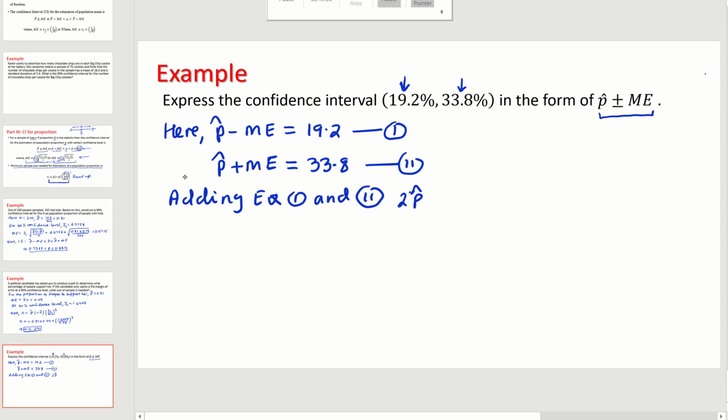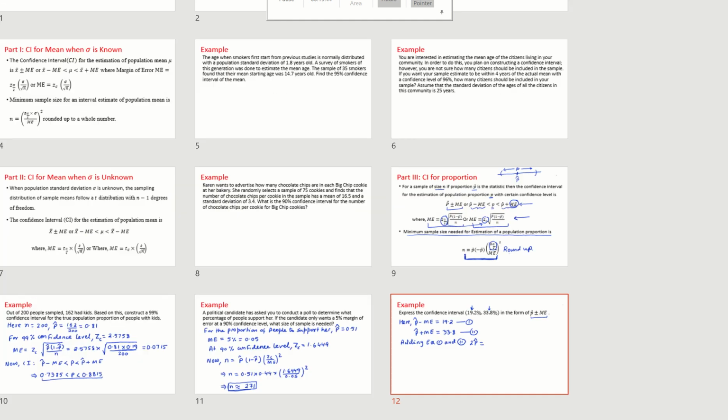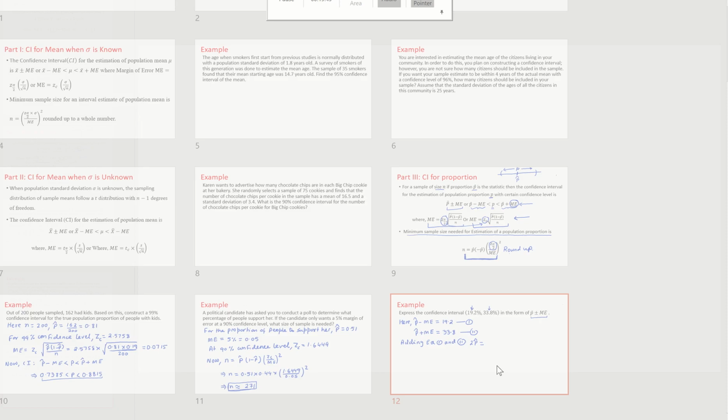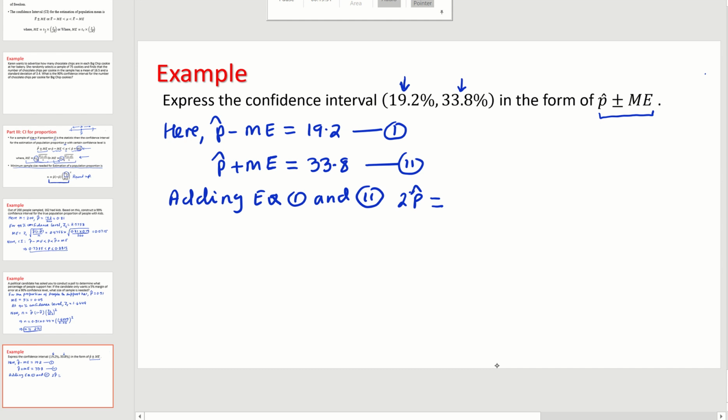And then margin of error, negative and positive cancels, equal to 19.2 plus 33.8, which is 53. Okay, that is 53. So if I divide on both sides by 2, what we get is p hat is equal to 26.5%.